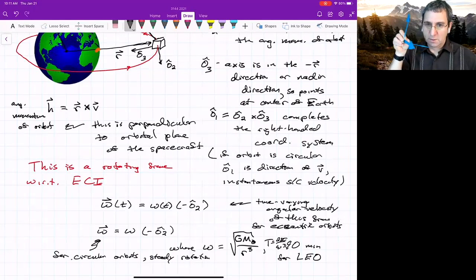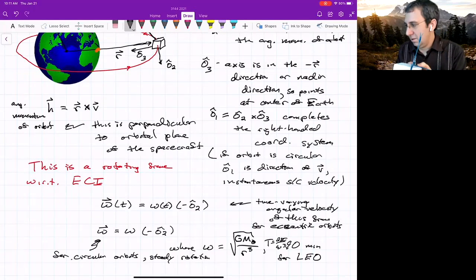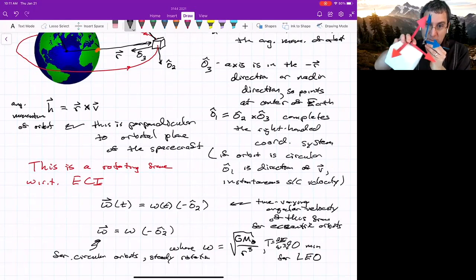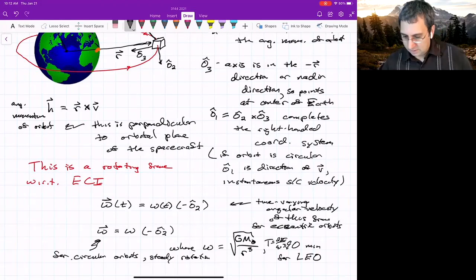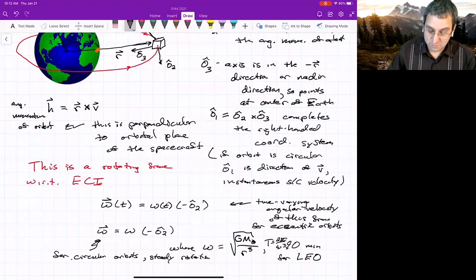So it's a frame moving around, but it's not attached to the satellite. There's another frame attached to the satellite called the body fixed frame. You might have the satellite doing something where it rotates with respect to this orbital frame, right? Because maybe you want certain antennas or other instruments to point at certain parts of the Earth. And when we mean certain parts of the Earth, we mean the Earth-centered, Earth-fixed frame.